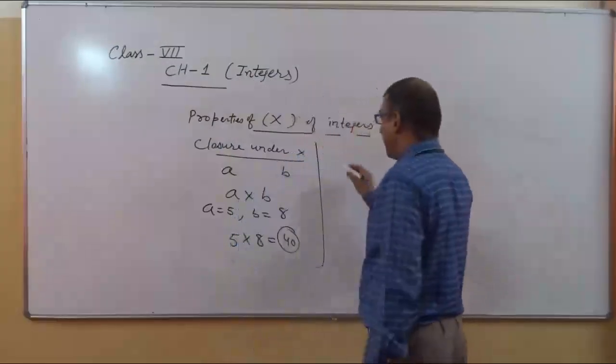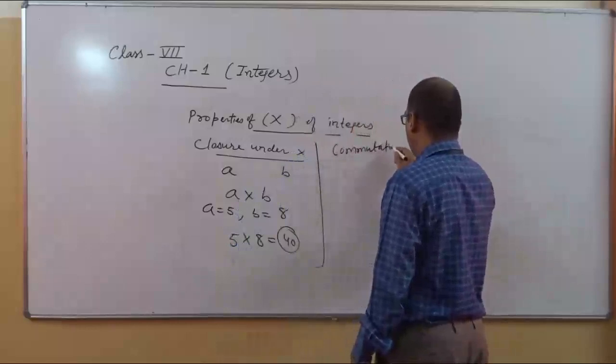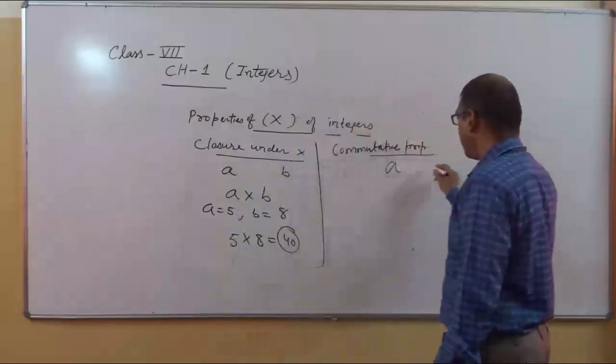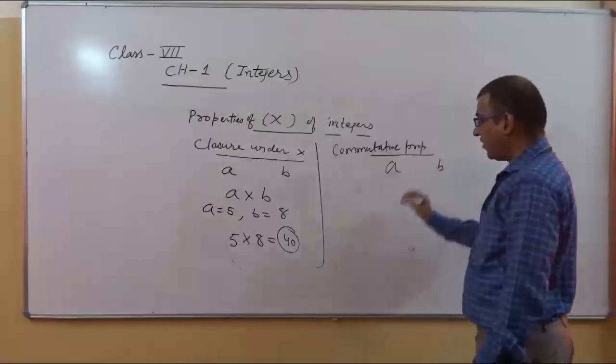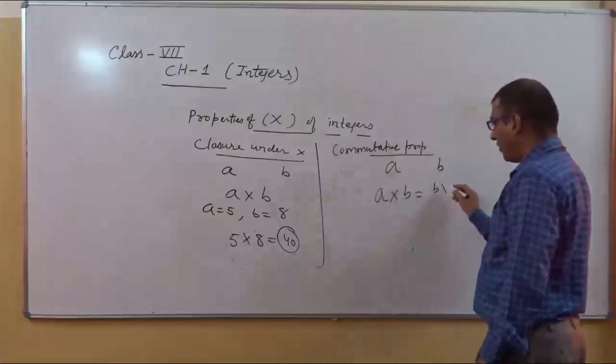After this I am taking the commutative property for multiplication. If there are two integers a and b, then under this property we can say a cross b equals b cross a.